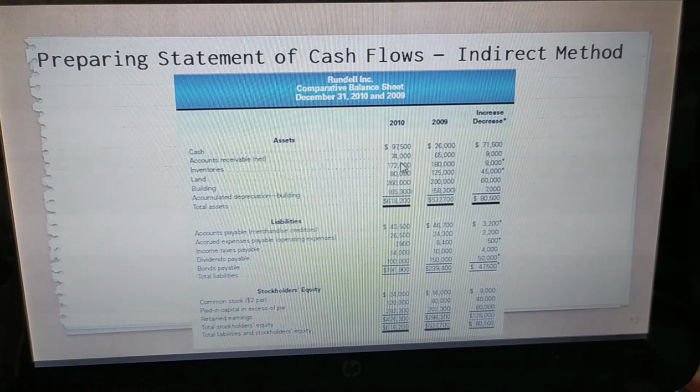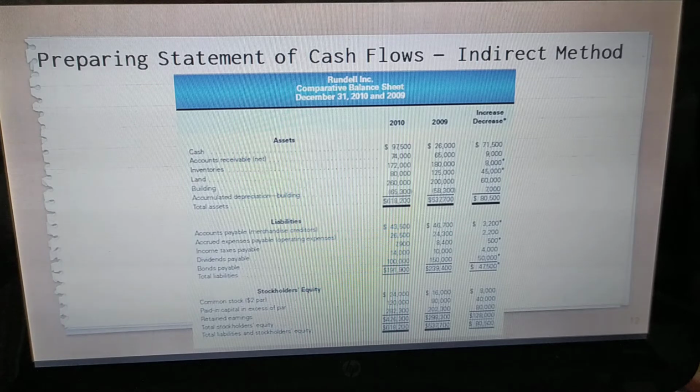And then for the accounts receivable, same thing. It is 74,000 in 2010 and 65,000 in 2009. So the difference is 9,000 positive, which means an increase. And then for inventories, it is 172,000 in 2010 and 180,000 in 2009.